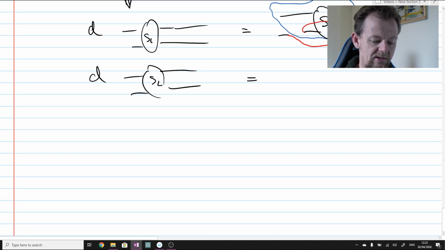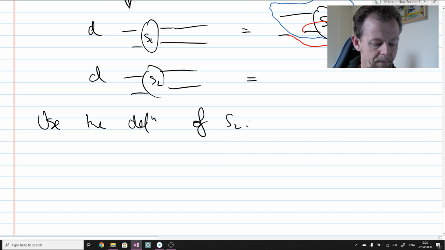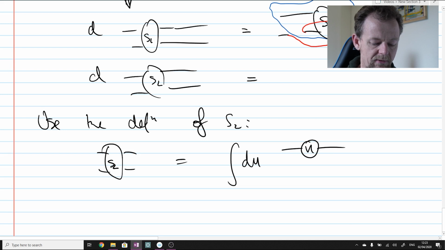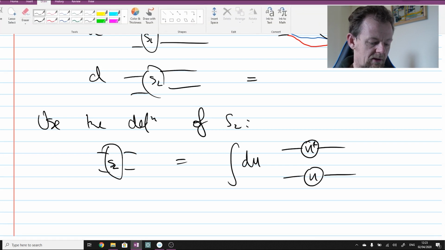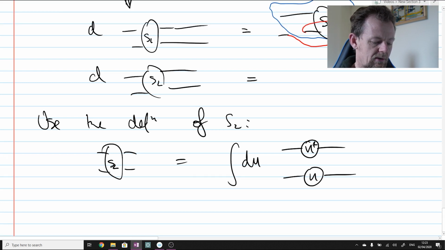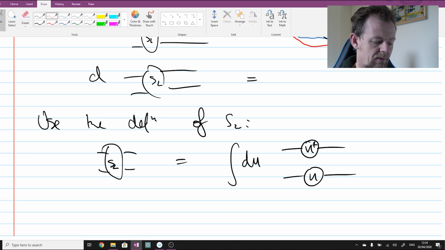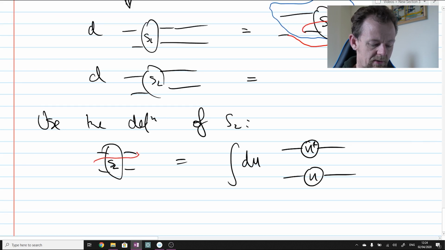But that turns out to be really easy, because we just use the definition of S2. S2 is an operator which acts on two tensor product subsystems, and it's defined as the following integral over Haar measure. Now, to get the diagram that appeared in blue above, we have to wire the output of the first leg into the input of the second.